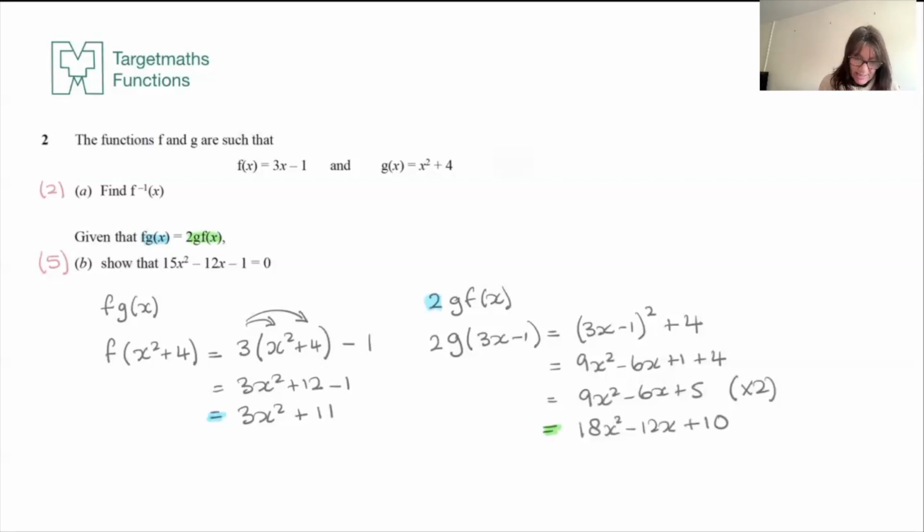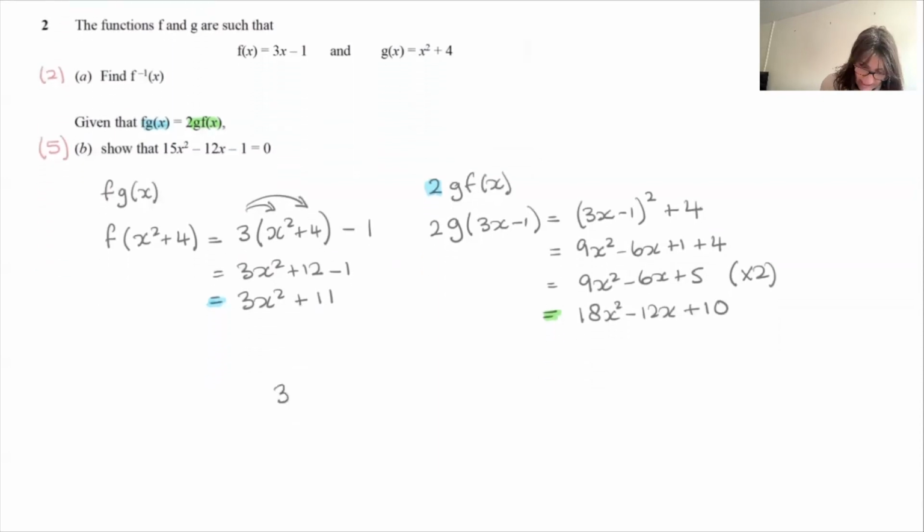This is telling me to set them to equal each other. I've now got 3x squared plus 11 equaling 18x squared minus 12x plus 10. I am going to move this across to this side. It will leave nothing there, which means it will be a 0.